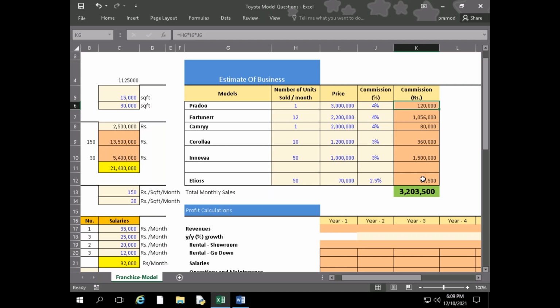So see, sir, for all these we need an Excel sheet, no, sir? During the exam, without an Excel sheet, how can we do these? Don't worry, I'll check on that. Just scroll down the page, sir.